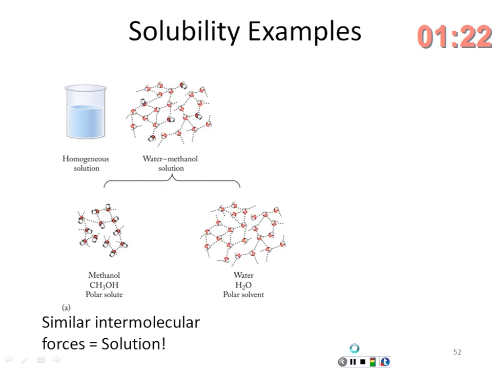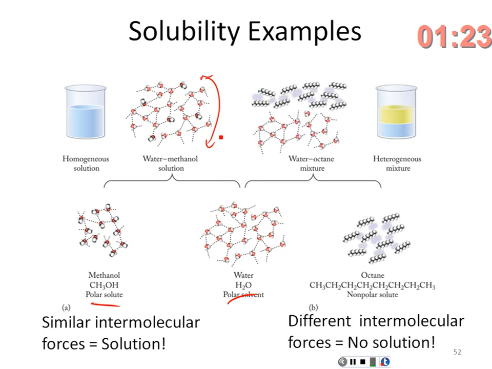So here's an example of a polar solute being soluble in a polar solvent. If we look at methanol, it's a polar molecule. Water, another polar molecule. They both can form hydrogen bonds with other similar molecules. And when they're mixed, that holds true. They can form hydrogen bonds with one another, and they form a solution.